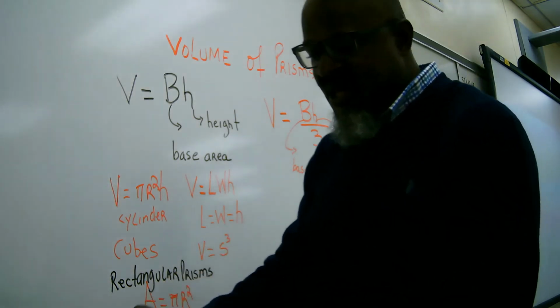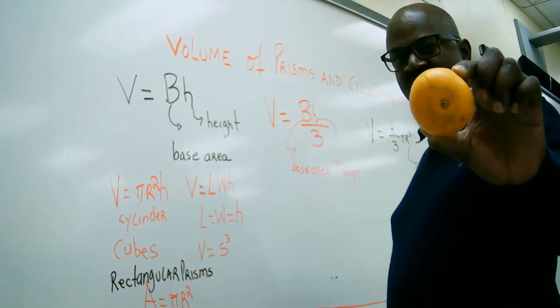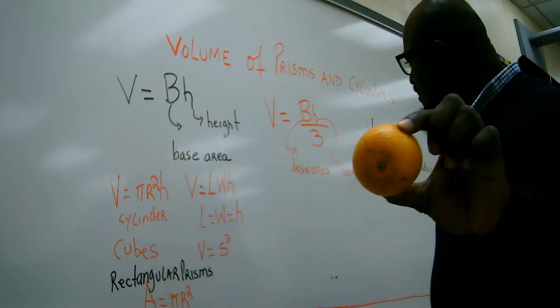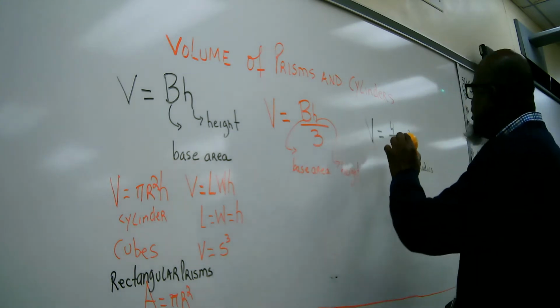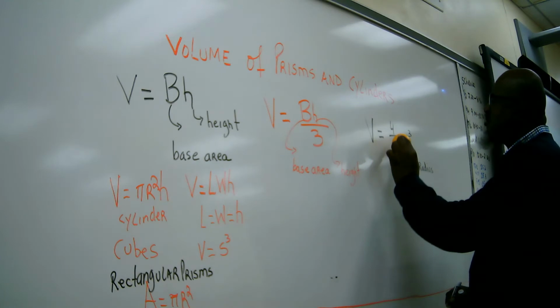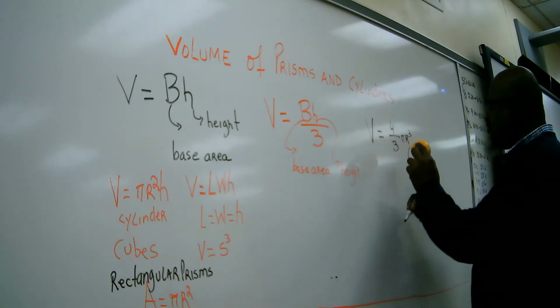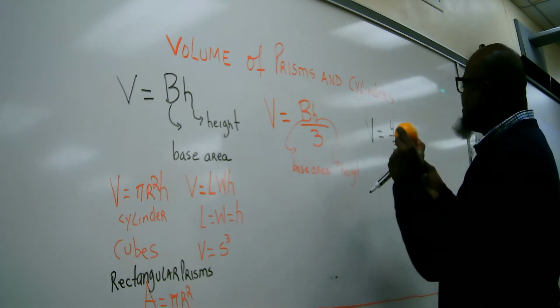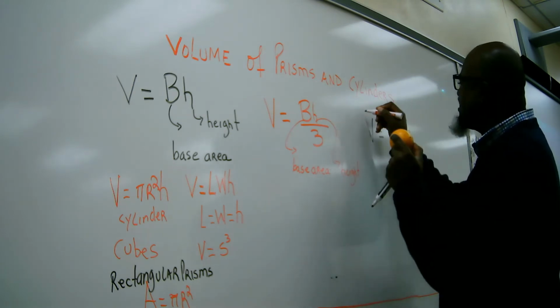Alright? The easiest one is what you call a sphere, a globe, a soccer ball, a baseball. This one only applies to these shapes. Volume equals 4/3 pi r cubed. This only works for a sphere. Therefore, if you have a sphere, you only need to know the radius.